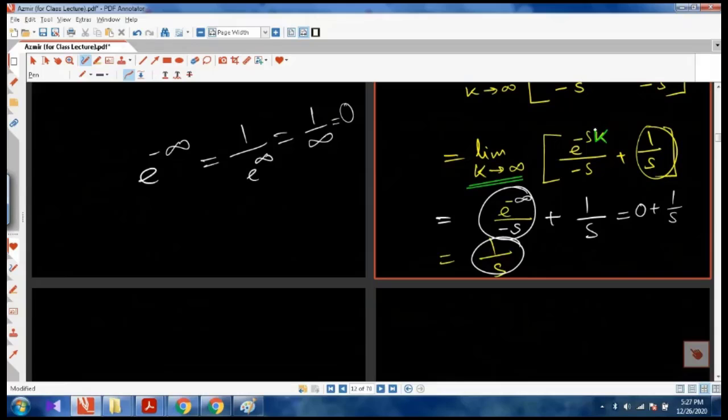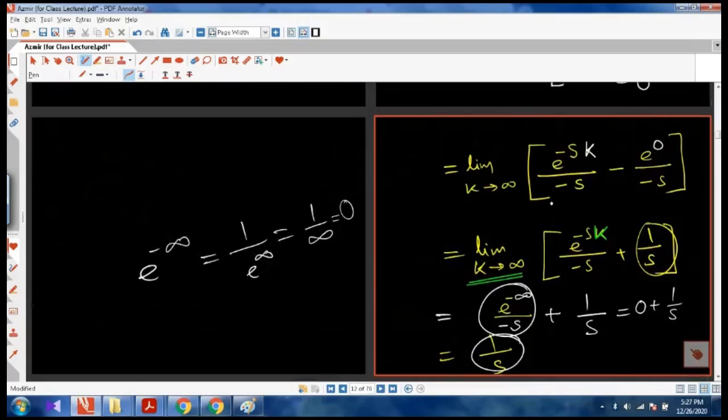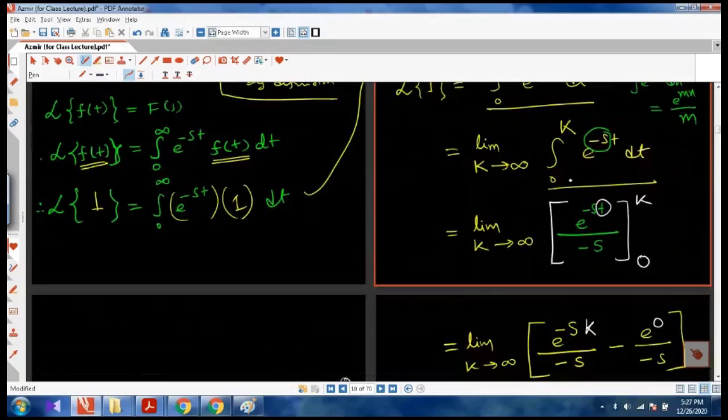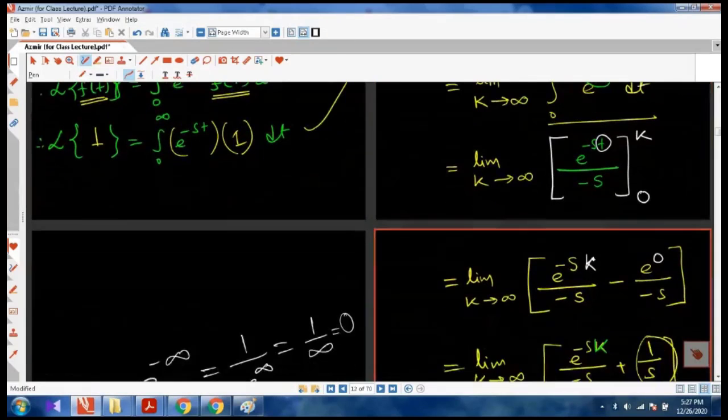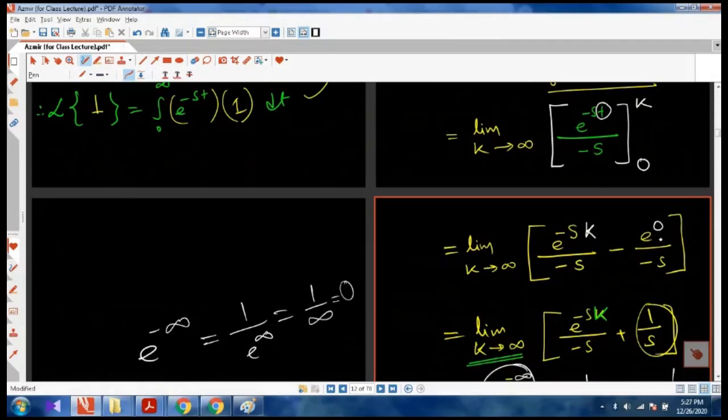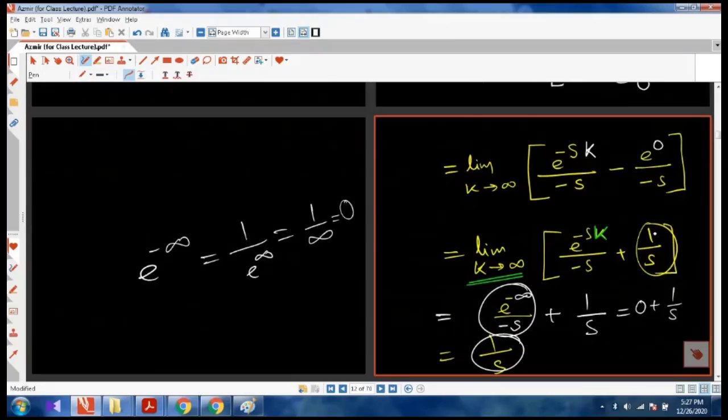Yes, sir. At first, we have solved the integral, with the antiderivative at the upper limit minus the antiderivative at the lower limit. And now this is the time to input k as infinity.